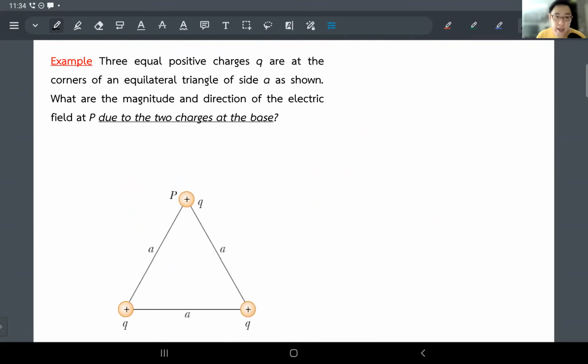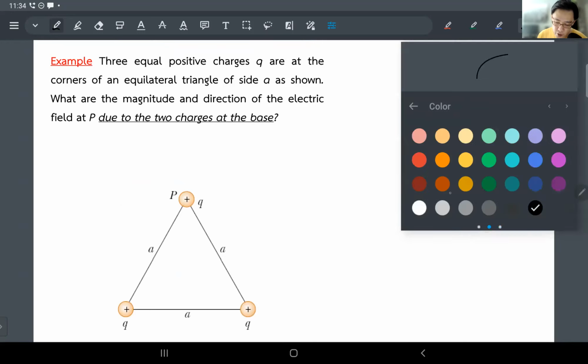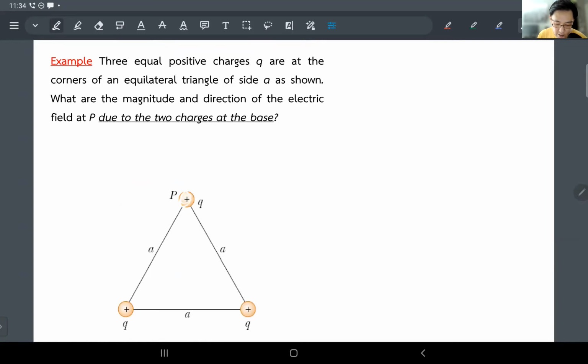You have three equal positive charges Q at the corners of an equilateral triangle of side A as shown. What are the magnitude and direction of the electric field at P due to the two charges at the base? All right, you want to give it a try? Okay. The key is very simple because you want the electric field at point P. So you can just get rid of the charge at point P because it is of no consequence.